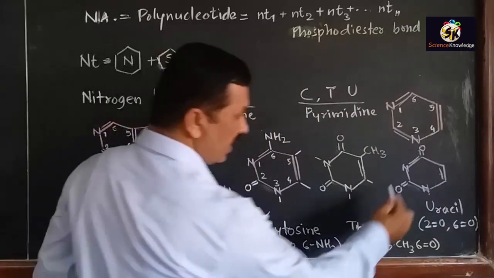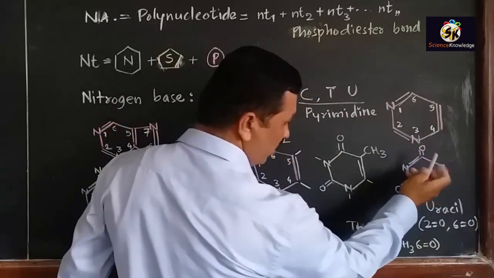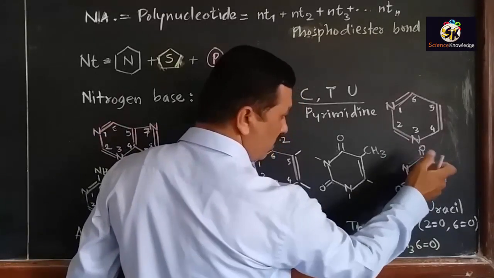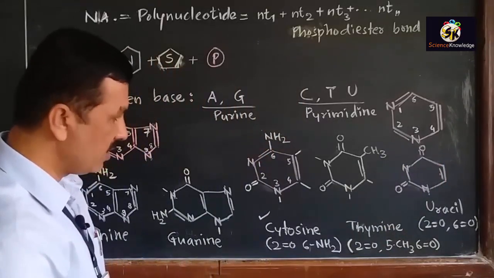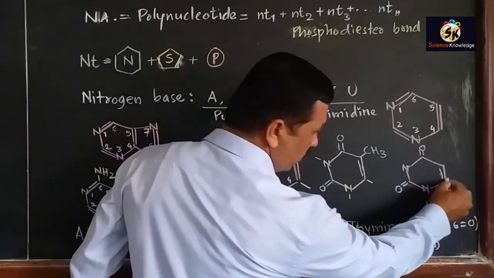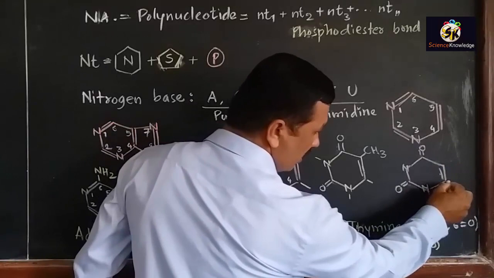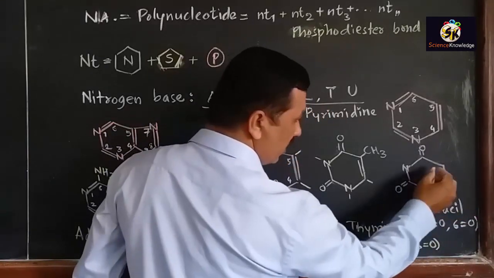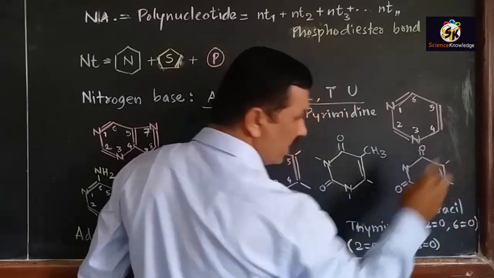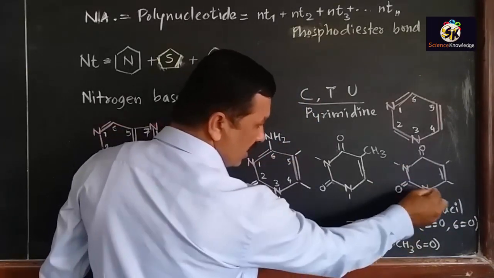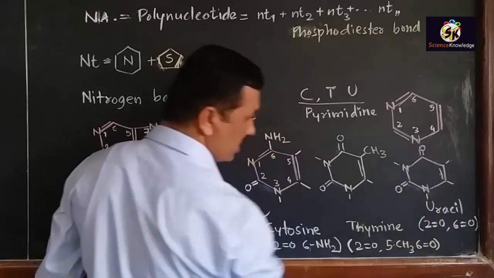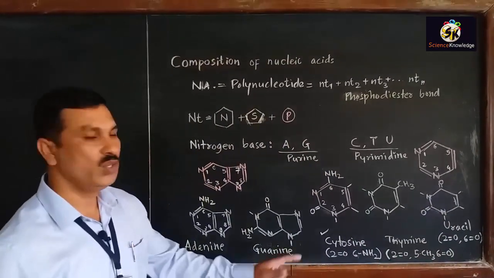Now here again there are 5 bonds, 1, 2, 3, 4, 5, so we will omit a double bond from the ring structure. Now check for the satisfaction of carbon number 4 and 5: 1, 2, 3, so the fourth one is hydrogen. Similarly, this nitrogen will require one hydrogen and the other nitrogen will require another hydrogen. So this is the structure of uracil.